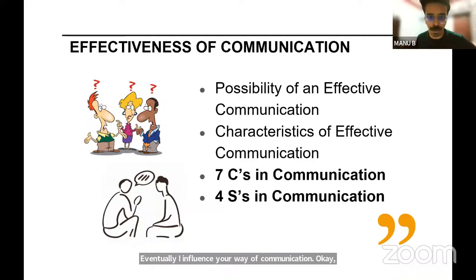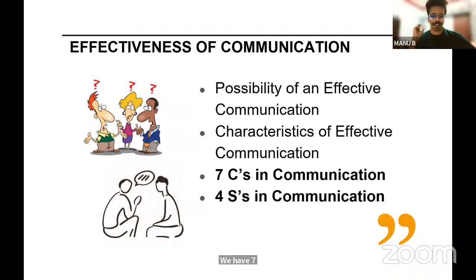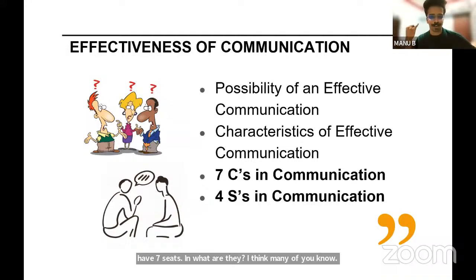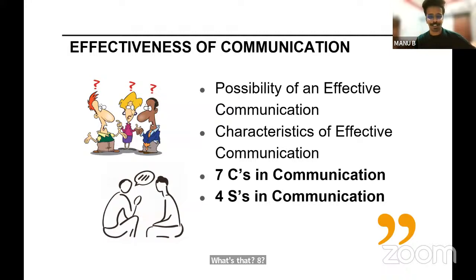So my regular students know what our 7 C's in communication and 4 S's in communication are. We have 7 C's in communication. What are they? I think many of you know. Completeness, concreteness, conciseness, correctness, then clarity, courtesy, consideration.